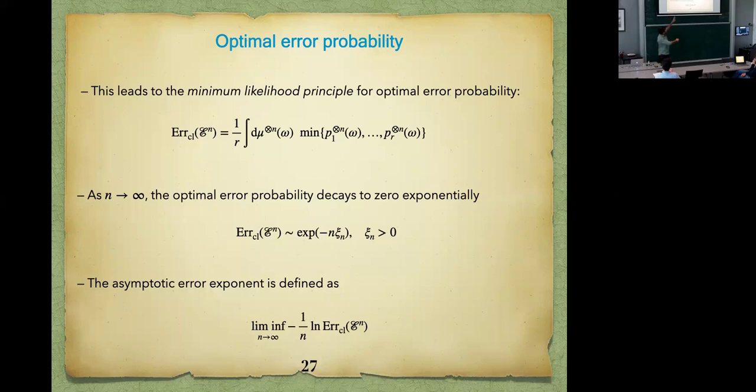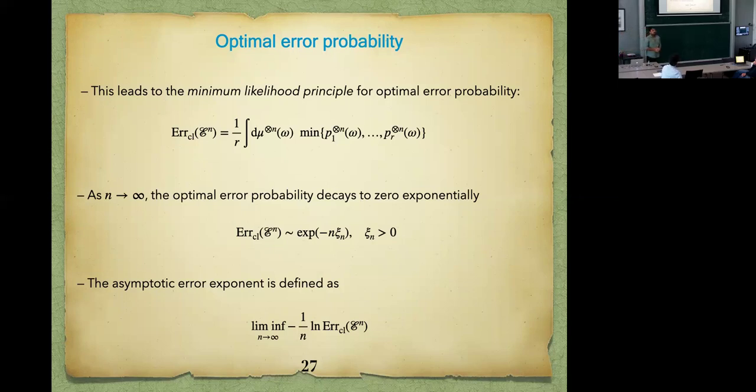In this work, we also show that this optimal error probability decays to 0 exponentially, so for n large, your error probability is going to be something like that. Do you know the specific constant given the description of the game, or do you just know that a constant exists? I guess the purpose is to find this exponent.